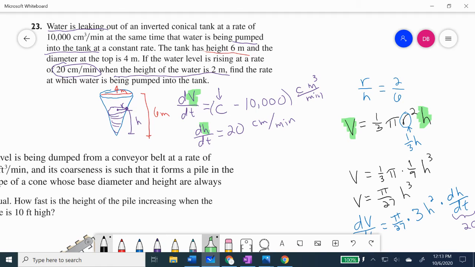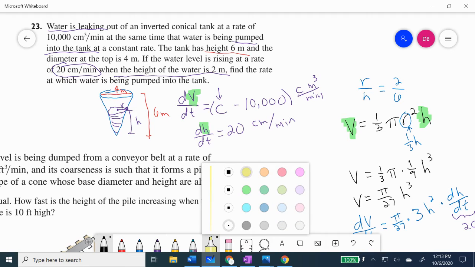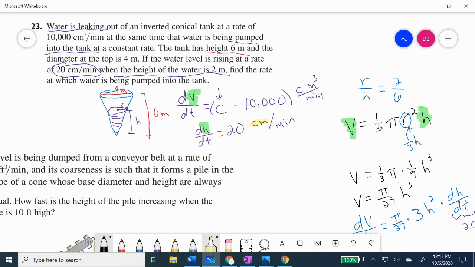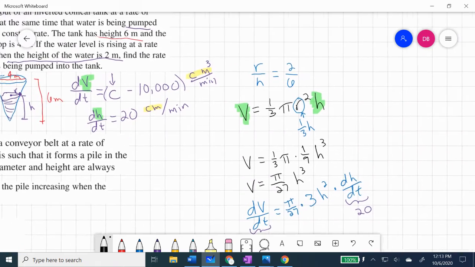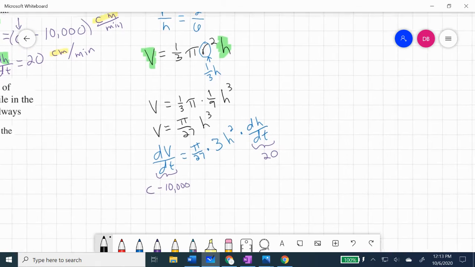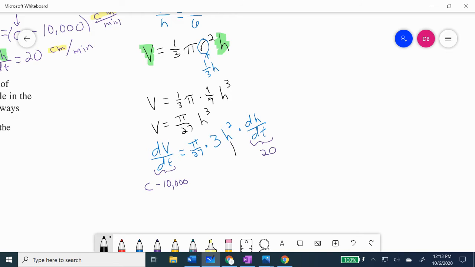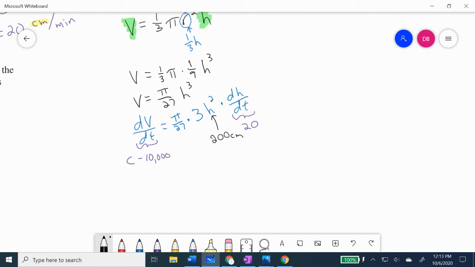Careful, careful, because our rates of change are based on centimeters. I need to make sure my height is in terms of centimeters. So if it is a height of 2 meters, then 200 centimeters is what h is equal to. And now it is time to simplify the math.